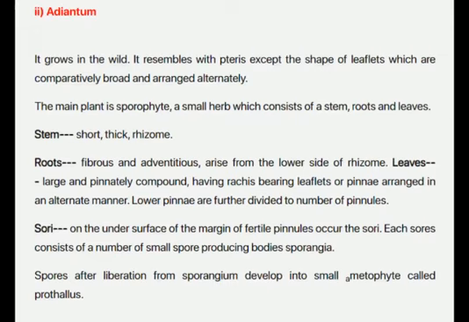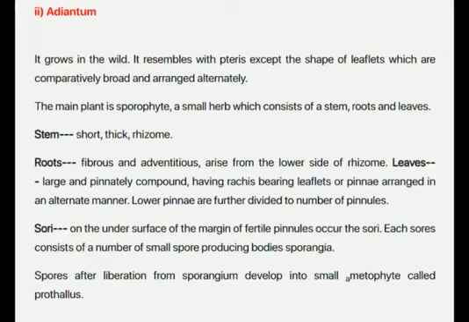A single leaf having very small leaflets in it. So this type of pinnately compound leaf is such that the leaflets are arranged in an alternate manner. Means there is a distance between the two leaflets. They are not in a parallel way.